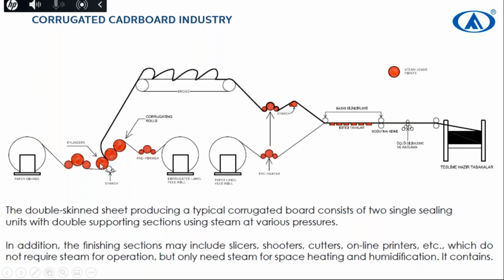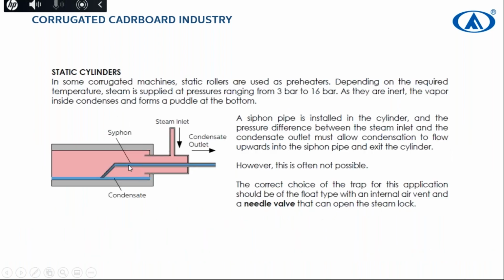If you want to use 140 degrees Celsius in that cylinder, you need to use exactly 140 degrees Celsius. If it's above 140 degrees Celsius, it will be more dry, and this dryness and this wetness, this humidity, will cause these expansions. To prevent it, you need to use the correct application.